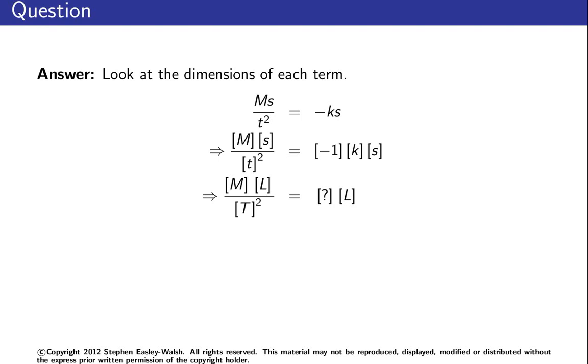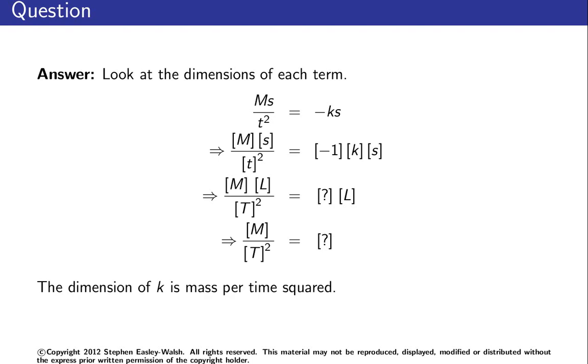So both those L's can be cancelled, and you're left with M over T squared, or mass over time squared, is the dimension that we're looking for. So in other words, the dimension of K is mass per time squared. You could use the unit kilograms per second squared as an example.